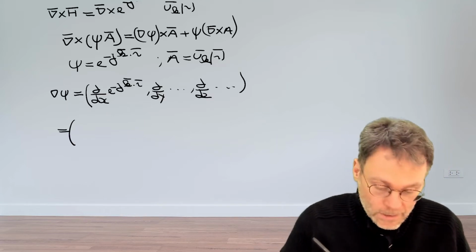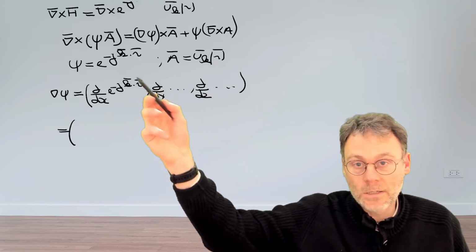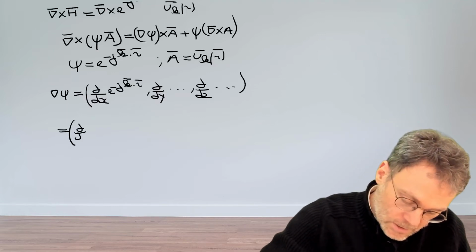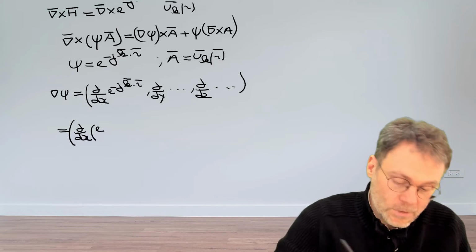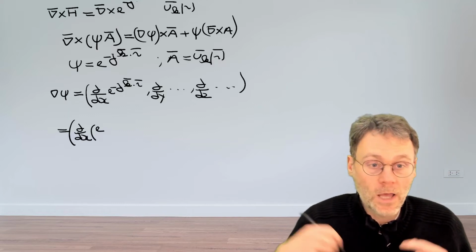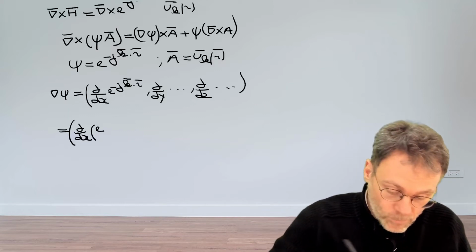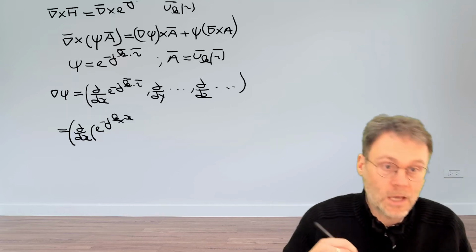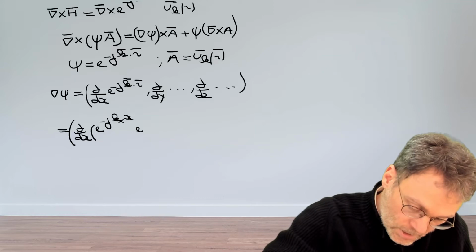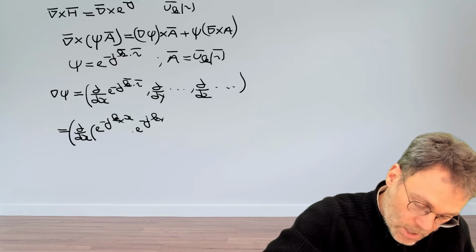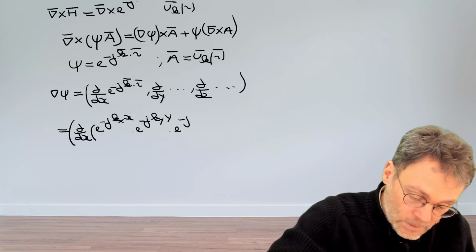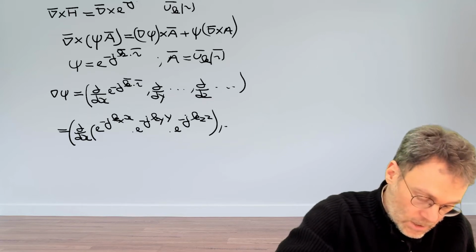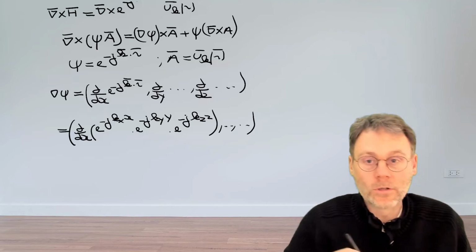Let's expand this a little bit because we don't have an x immediately here, but we should then therefore write this as d/dx of this exponential minus jkr. If we explicitly write down the different components, that becomes exponential minus jk_x x times exponential minus jk_y y, exponential minus jk_z z, and then we have 2 more components.